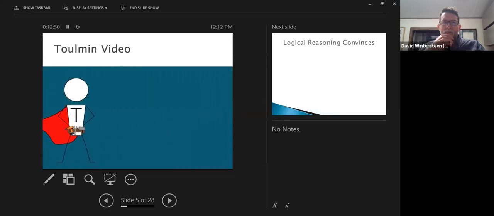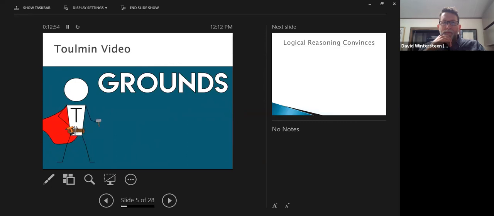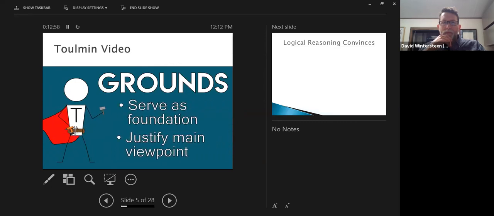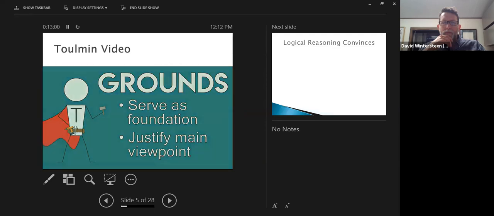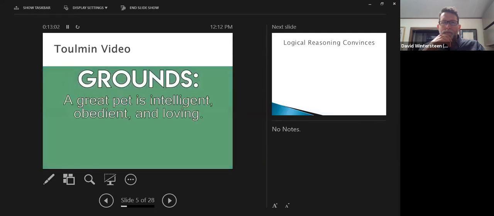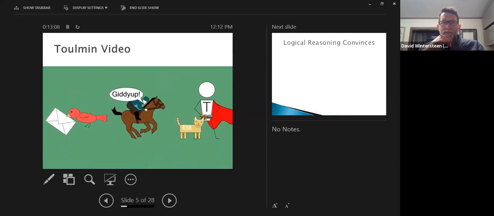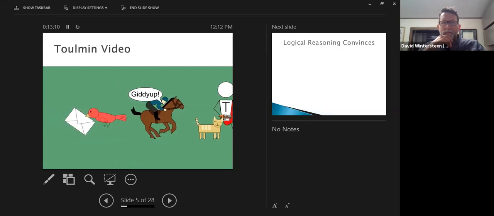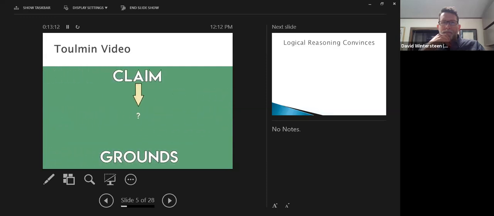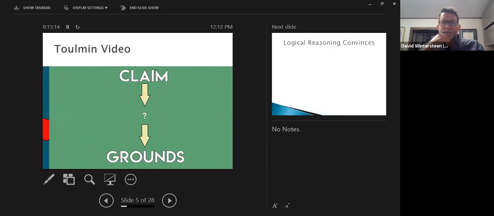To grant this argument some validity, the Toulmin Toolman will use his next tool, the grounds, which serve as the argument's foundation, justifying the main viewpoint of the argument. For example, a great pet is intelligent, obedient, and loving. This statement establishes the qualities that would describe a great pet. However, it is not yet directly connected to the claim concerning dogs.